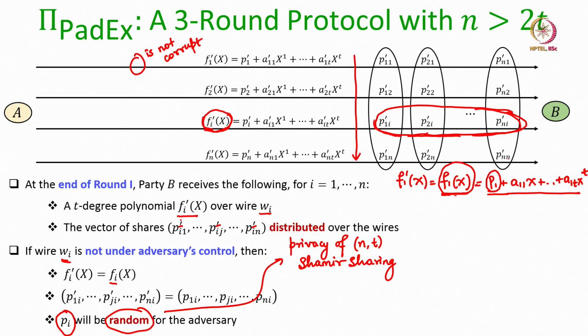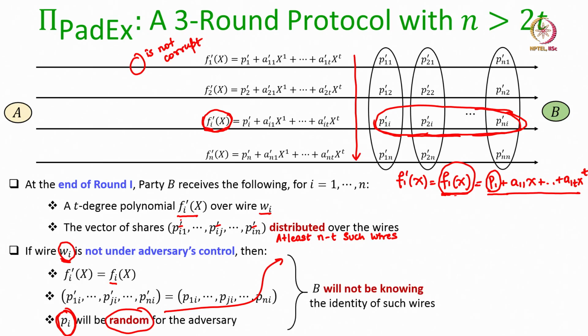So, the claim here is that whichever wires are not under adversary's control, the constant term of those polynomials will be random from the viewpoint of the adversary, and how many such honest or uncorrupt wires Wi will be there, at least n minus t such wires, because there are at least n minus t wires which can be free from adversary's control.